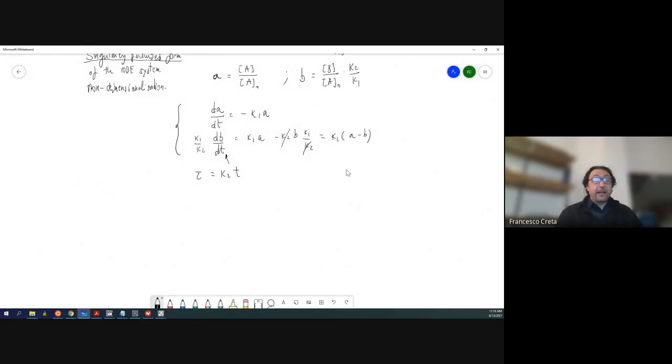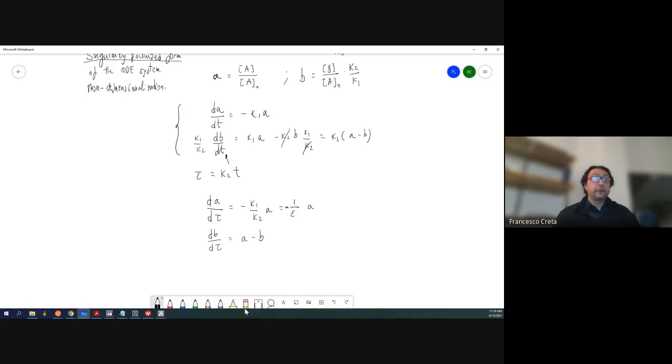So we have our final form, which is dA over d tau equal to minus K1 over K2 A. And we will define this as minus 1 over epsilon, A. And dB by d tau is simply A minus B.